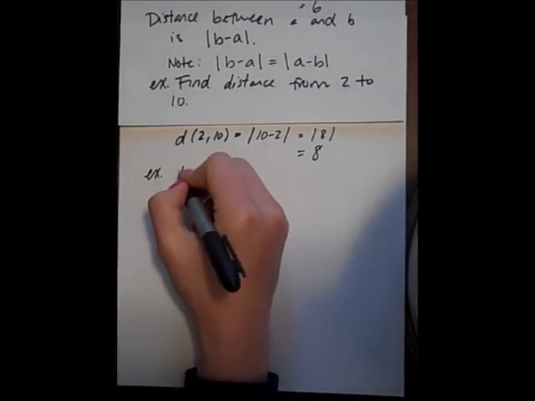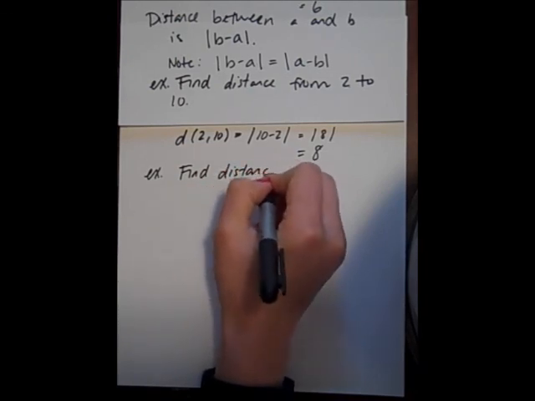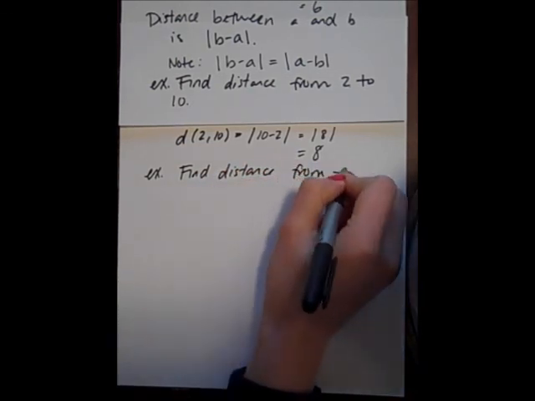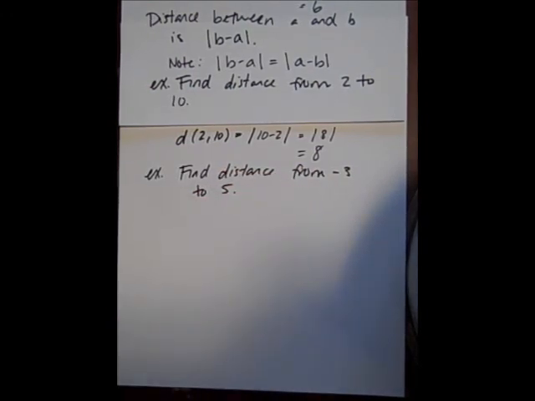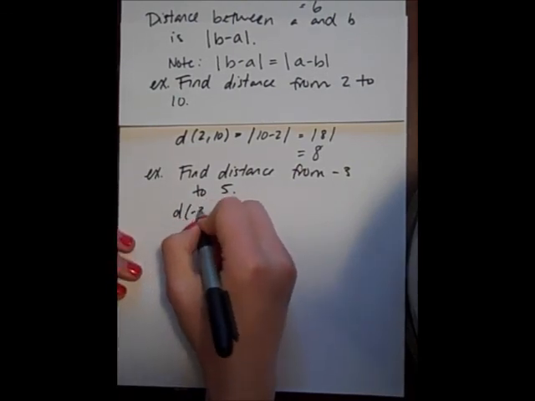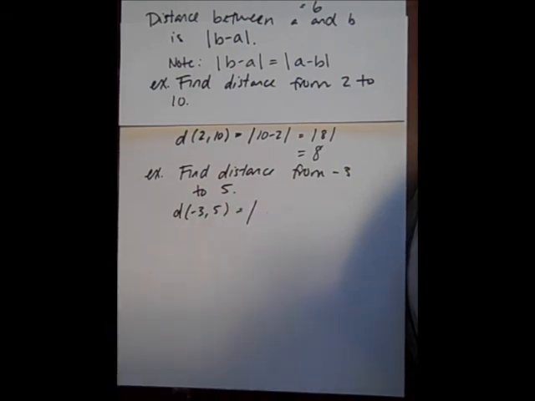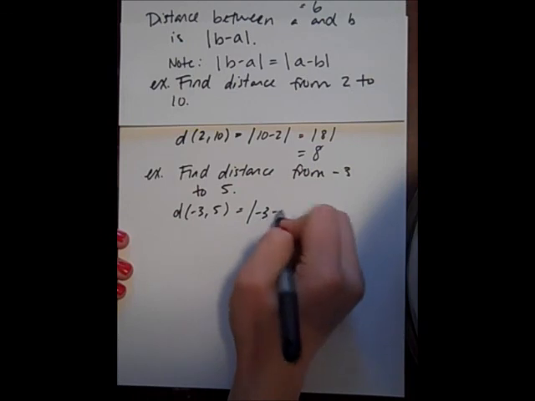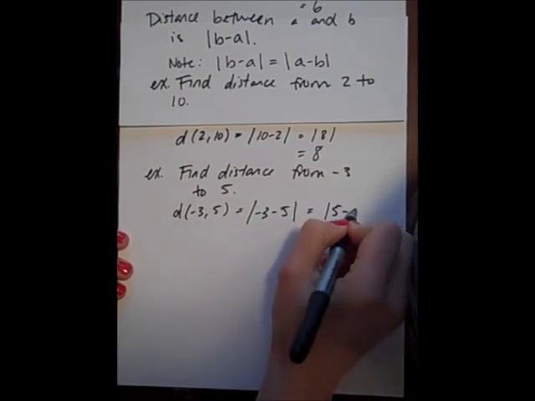Second example. Let's find the distance from negative 3 to 5. It doesn't matter which way we subtract this, or we could draw the picture. The distance from negative 3 to 5 is going to be the absolute value. You can decide how you want to subtract this: I could do negative 3 minus 5, or 5 minus negative 3.